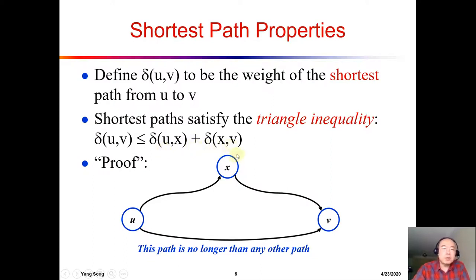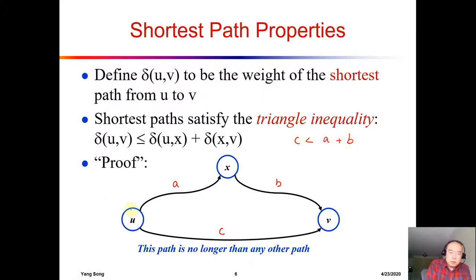Okay, and the reason is, if I give them names A, B, and C, so if C is smaller than A plus B, what does that mean?